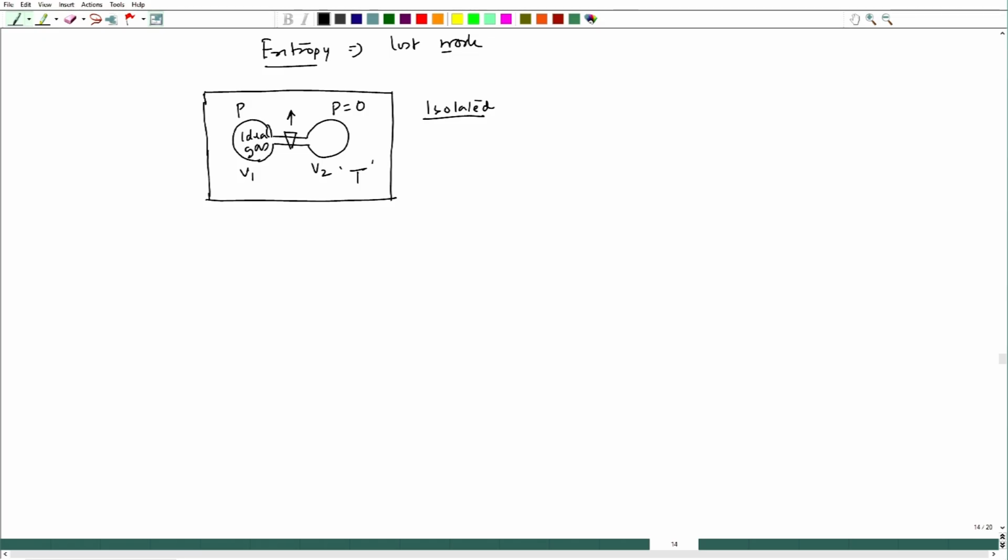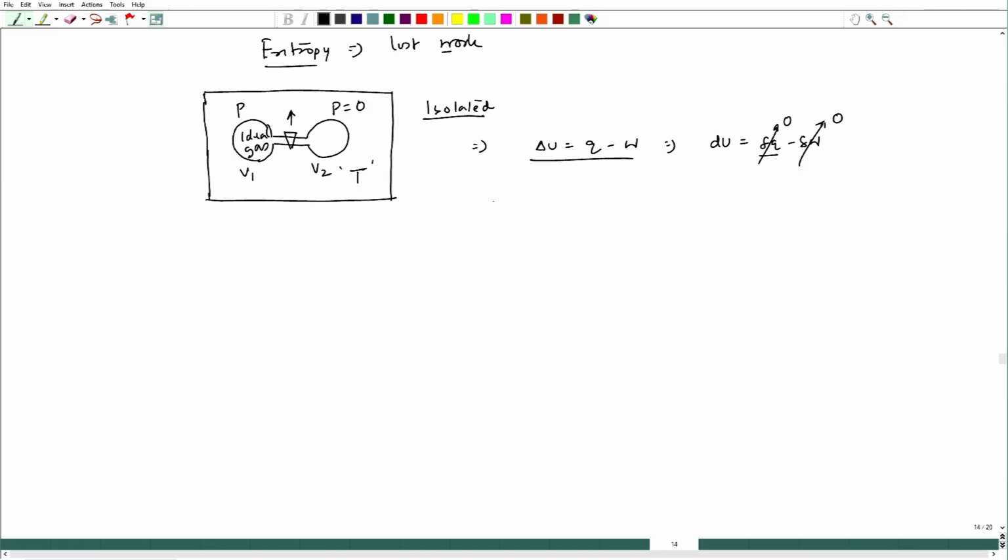I can apply the first law, del U equal to Q minus W, or dU equal to del Q minus del W. Here del Q is 0 since it is isolated, and del W is also 0.